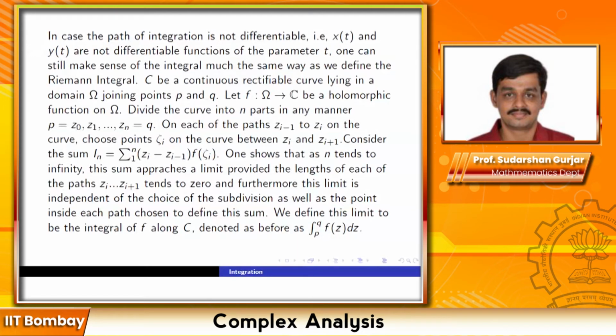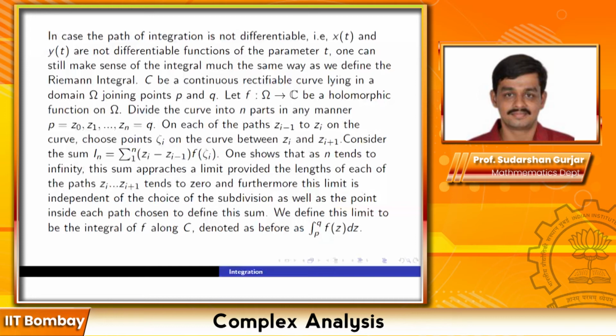We chose an arbitrary point zeta_i between z_{i-1} and z_i, but in the end, this limit is independent of the choice.